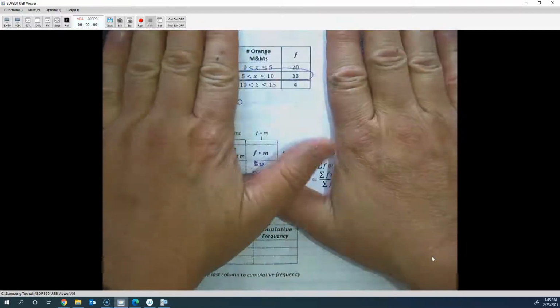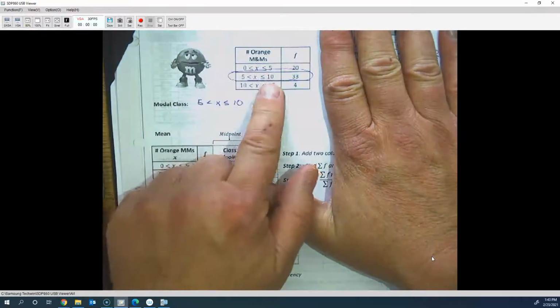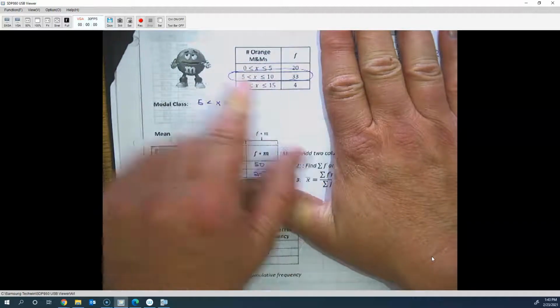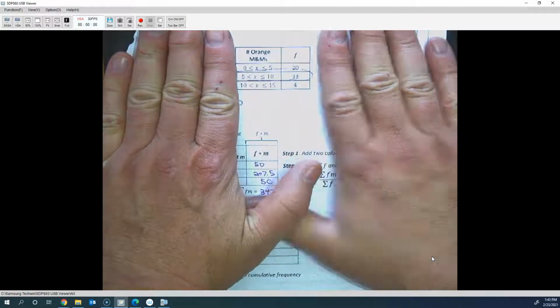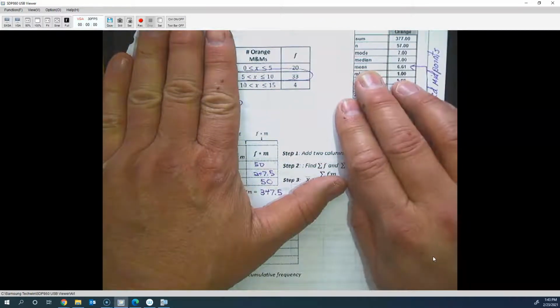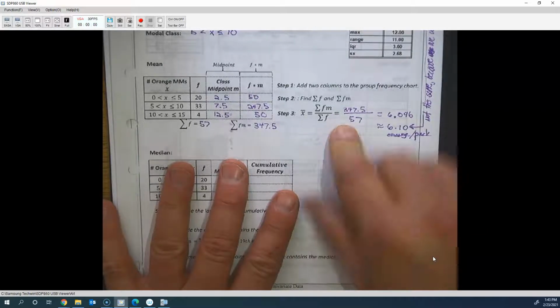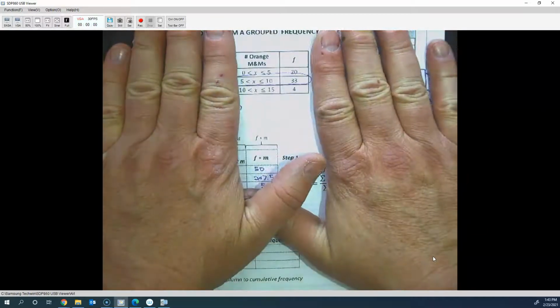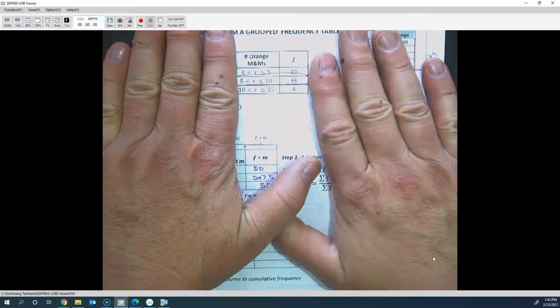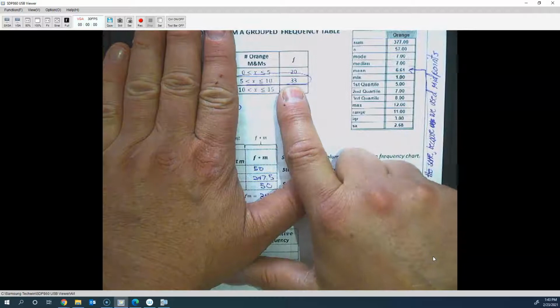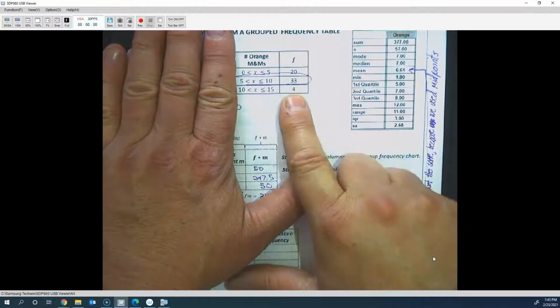But if I don't have the individual numbers, you could still find the mean and stuff, but your mean is going to equal what we got down here. I just don't know the individual values. So I would do 33 times 5.5, 4 times 10.5. Okay, yeah, that's what I was wondering.